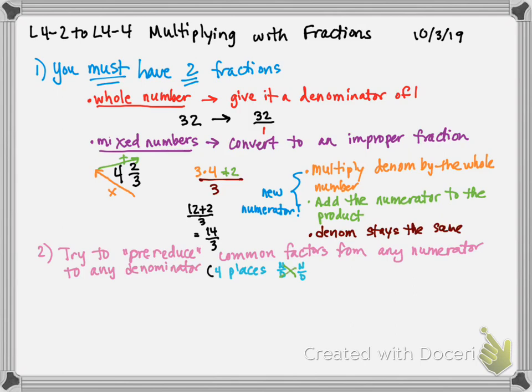And the ones that people forget, look in a fraction. Look in the fraction. You could simplify there, okay? Now, you may have heard this before, people call it cross-canceling.